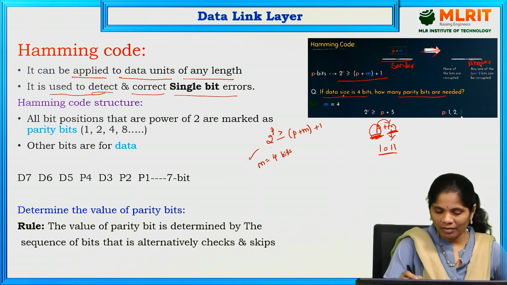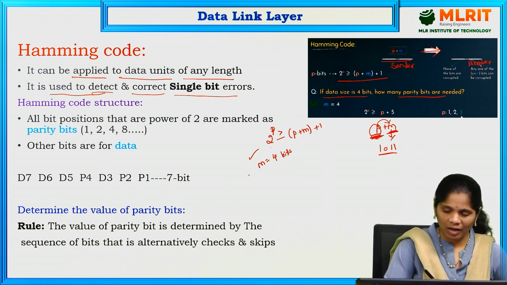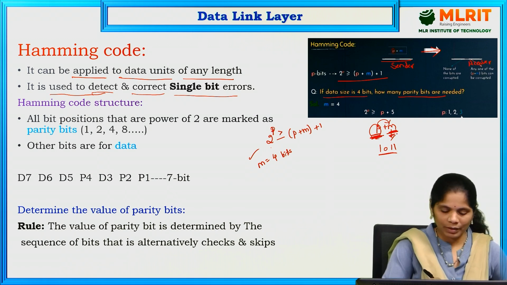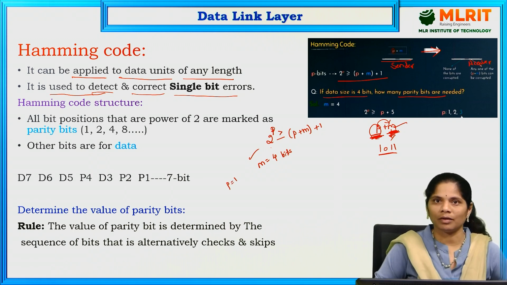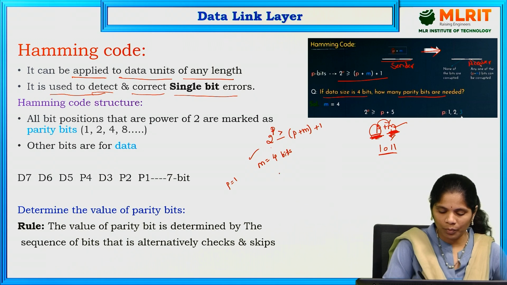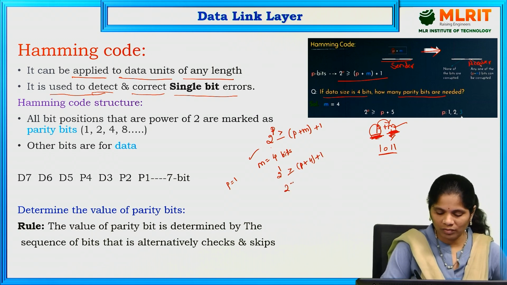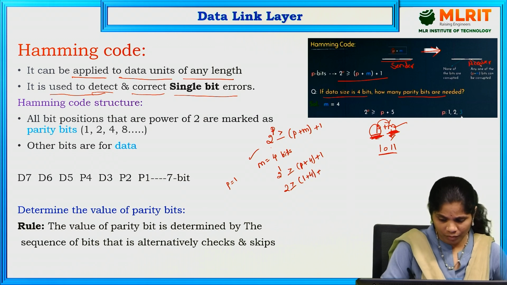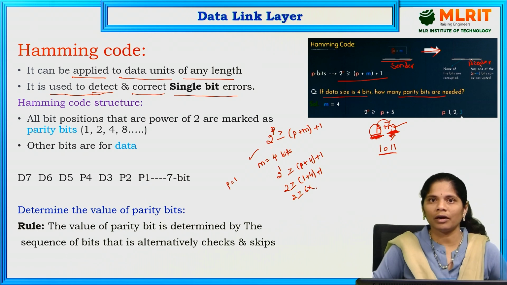To find the parity bits using this formula, suppose first I add only 1 bit to this message. Then 2 power 1 must be greater than or equal to 1 plus 4 plus 1. We have to satisfy this condition. Here 2 is not greater than 6, so it is not satisfied. That means we can't add just 1 bit.